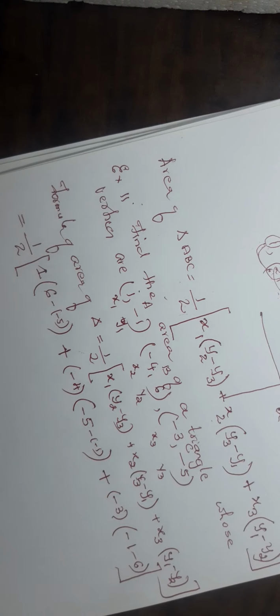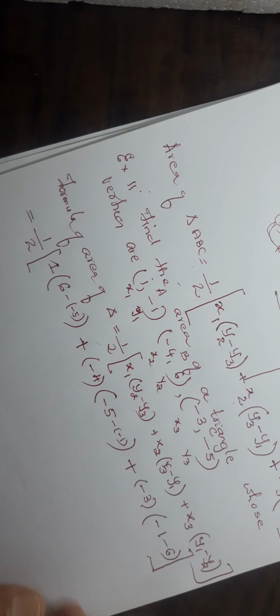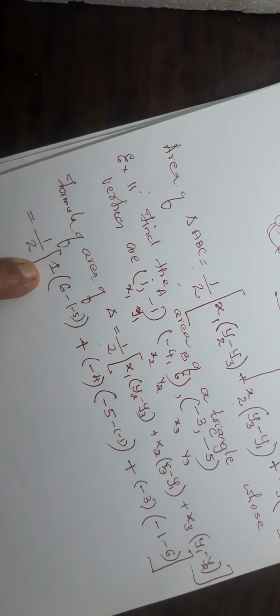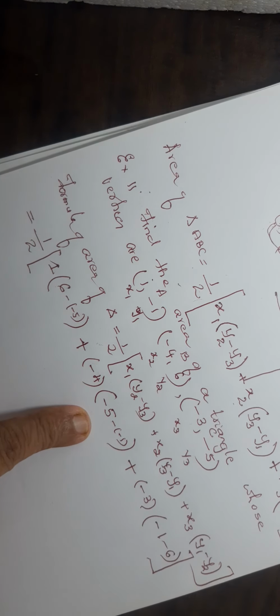you can see whether you have written correctly. Just check it out. When you proceed further, you should check once. So x1 is 1 bracket y2 is 6 minus of y3 is minus 5 plus minus 4 is x2 bracket y2 minus y3. So y2 minus y3 minus 5.